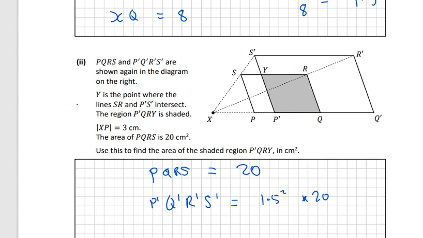So that's how enlargements work when it's the area. And that would give us 48. Sorry, 45 that was.